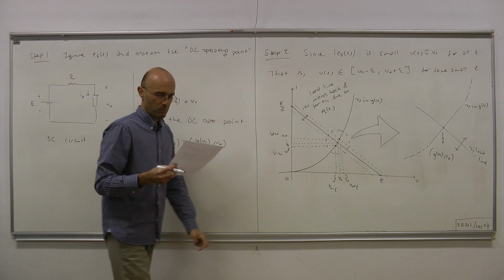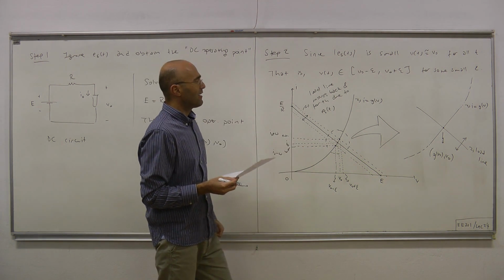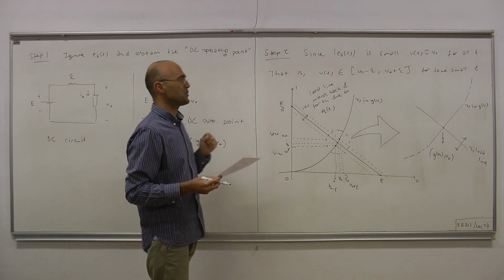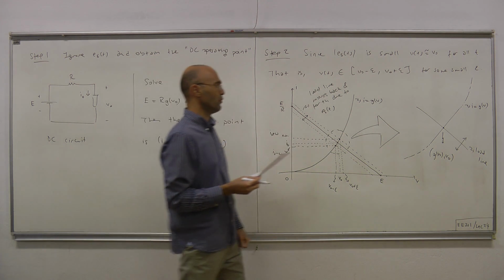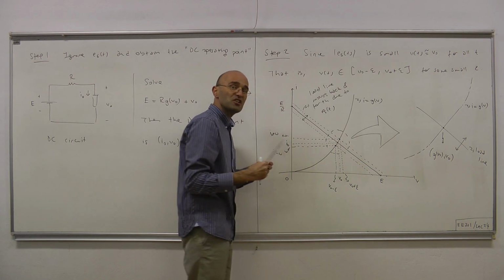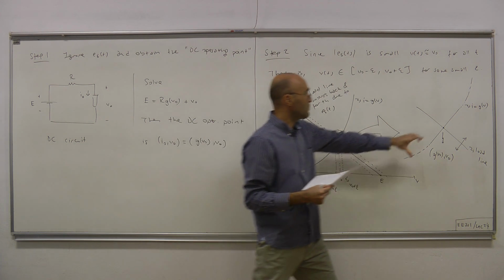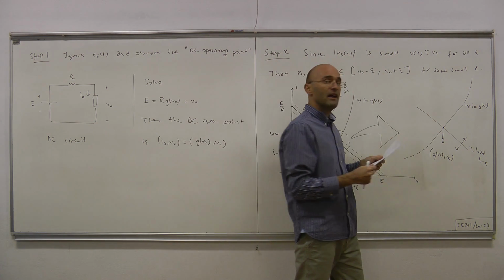Now, the observation that will help us analyze the circuit in a simple way is the following. This piece of the nonlinear curve, since it's confined to a very small area, can be very successfully approximated by a line.